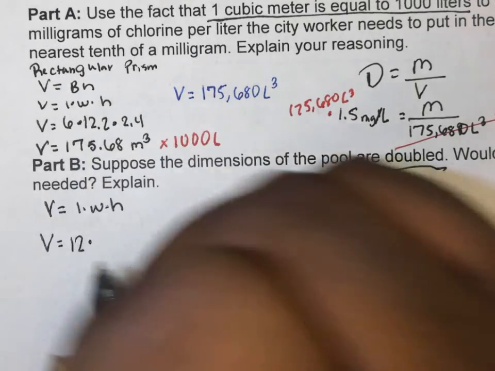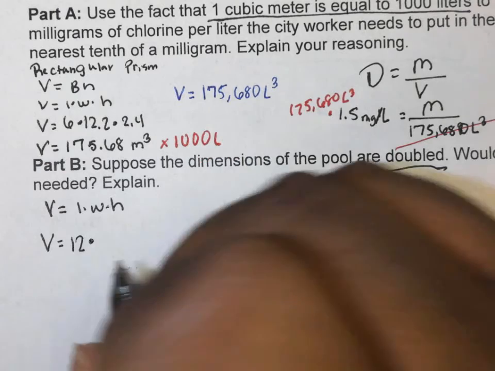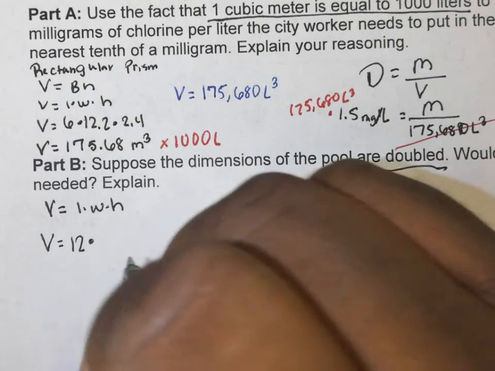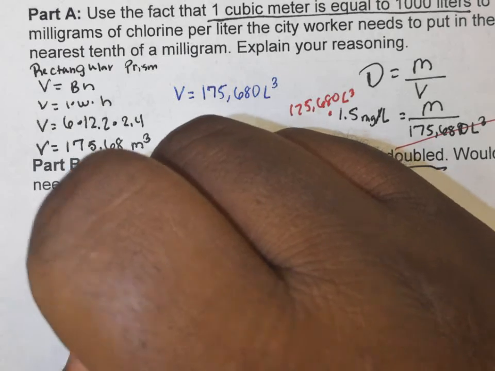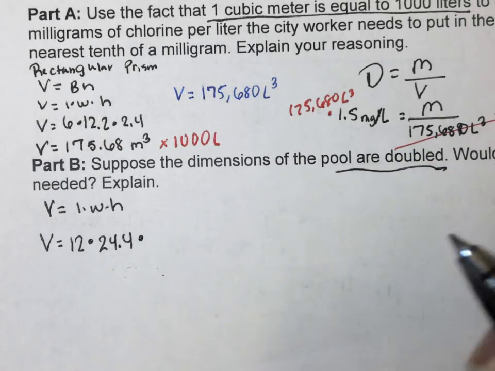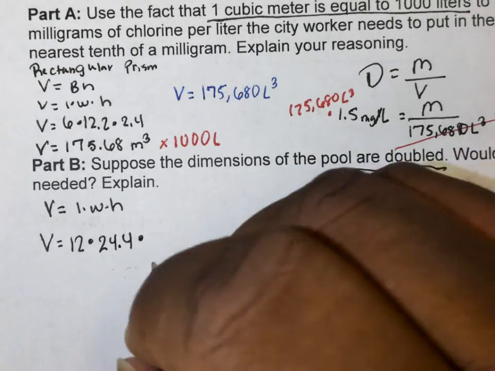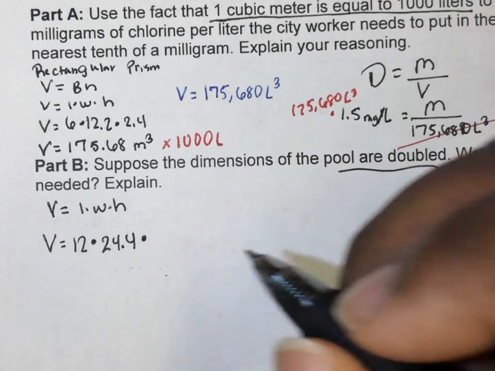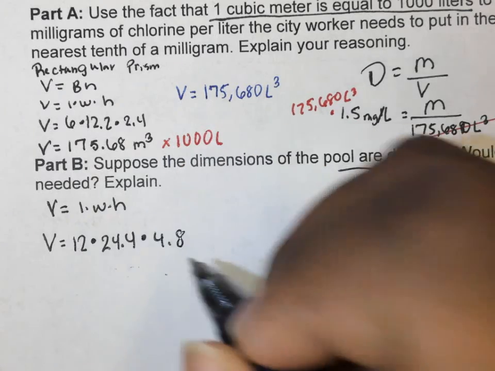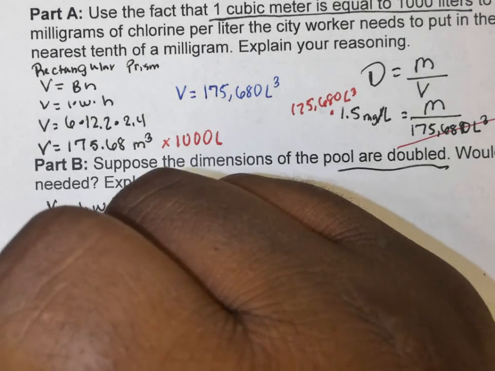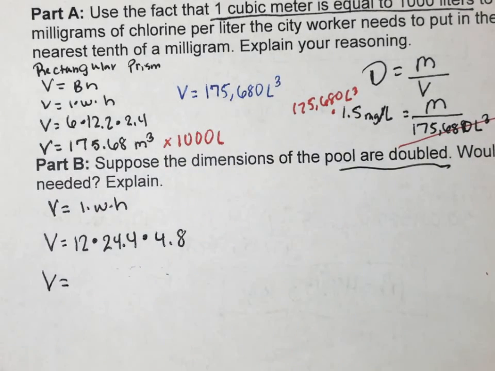And 12.2, what am I changing that to? 24.4. And then the last one was 2.4. 4.8. And then that'll give me my new volume in meters.